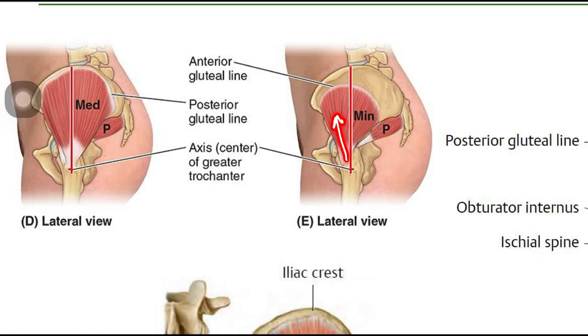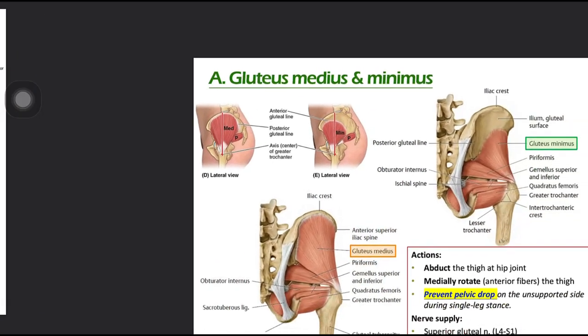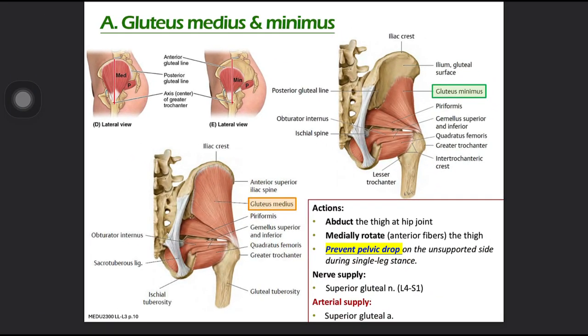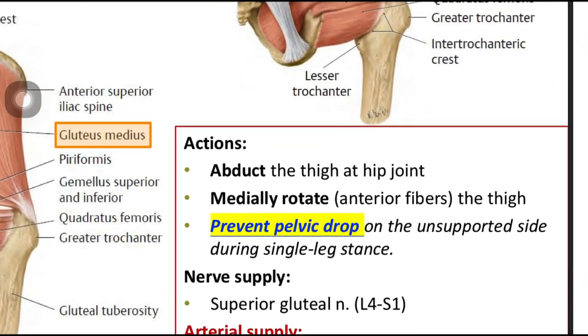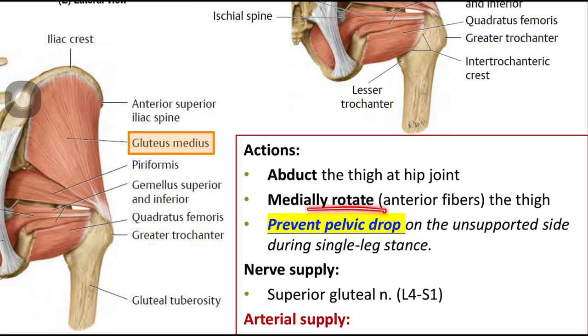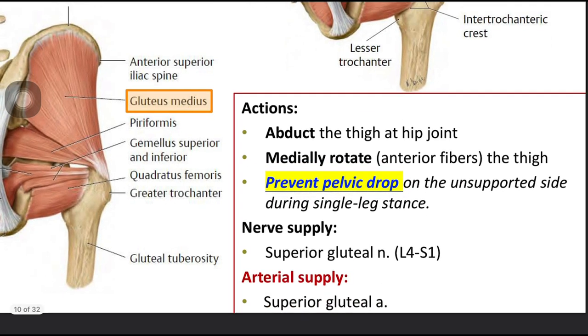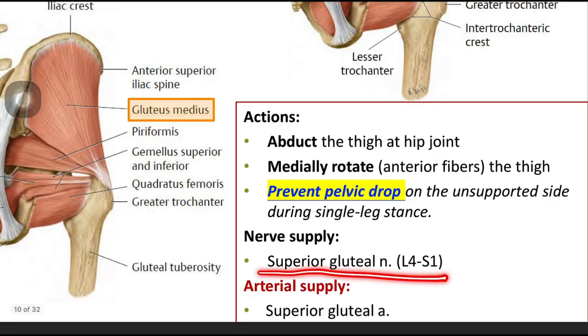When this whole bunch contracts, it will lift to this side, which is a medial rotation. Functionally speaking, they are very important in single leg stands, because we need to prevent the pelvic drop, which we will talk about in the next slide. First things first, it is supplied by the superior gluteal nerve and also the artery.